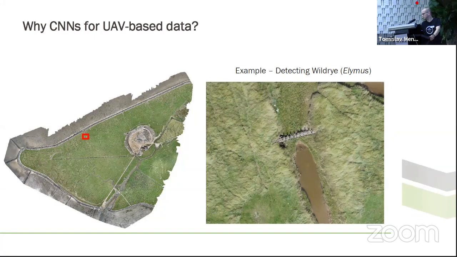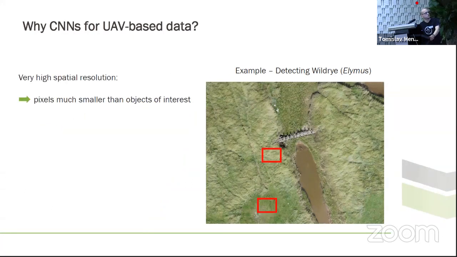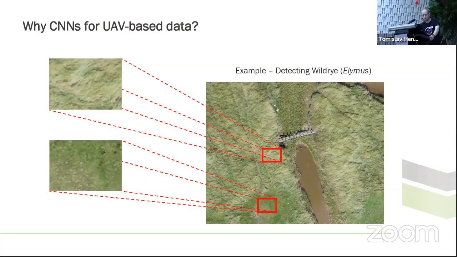If we look at certain patches here, we can easily differentiate between them when we inspect them. But the pixel size is much smaller than the objects that we're actually interested in. So what we look at when we detect those as analysts are patterns or patches of pixels.